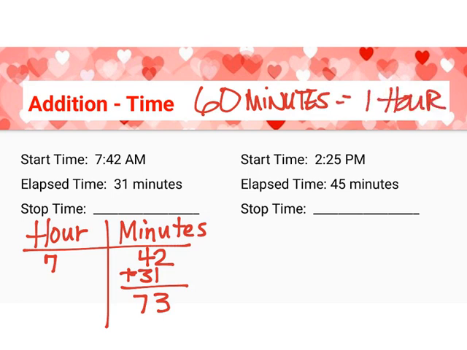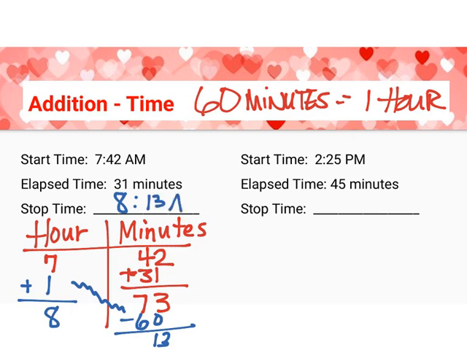So anything 60 or higher, I have to move it over to my hour. So I'm going to take away that 60 and convert it to hours. So I have 1 hour. 7 plus 1 is 8. My hour is 8. I have 13 minutes left over, and it's 8:13 a.m. Don't forget the a.m., folks.